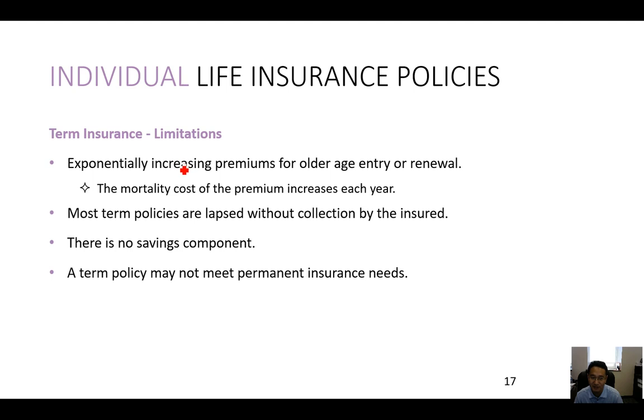You have limitations, right? So what are the limitations? First of all, it's a pure protection, and if you know how much the premium is, it's a function of what? Of the face value, right? And then your age, or your risk. Certainly when you age, your risk of dying is higher, and then your premium can be much higher.